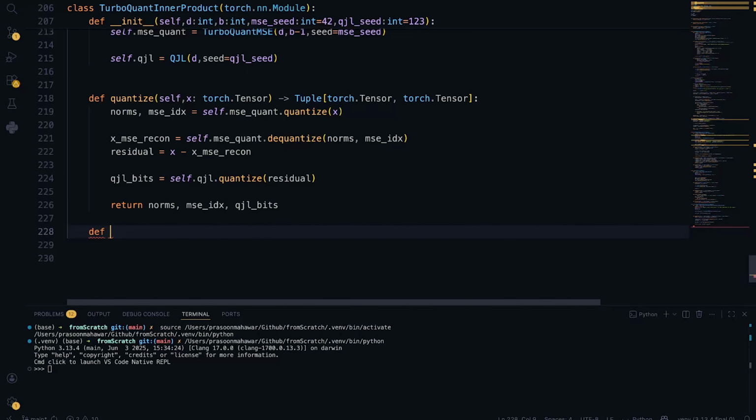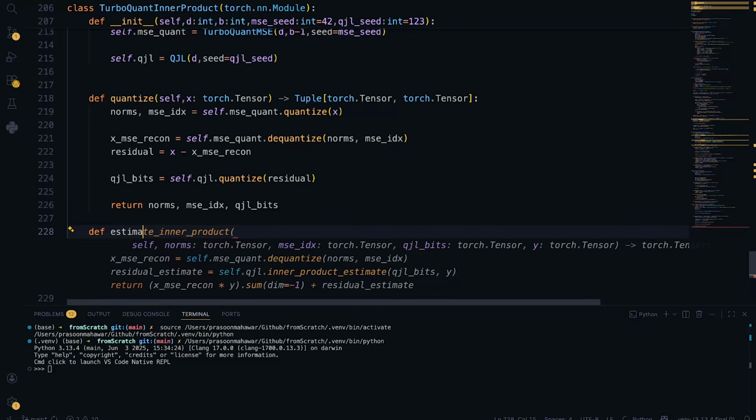Then we have the estimate inner product function.